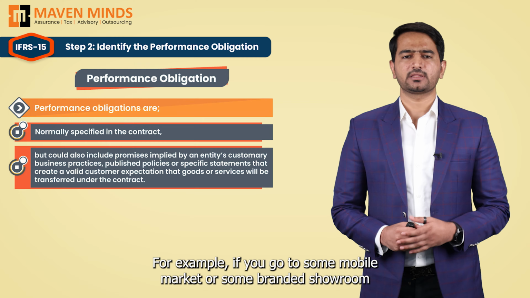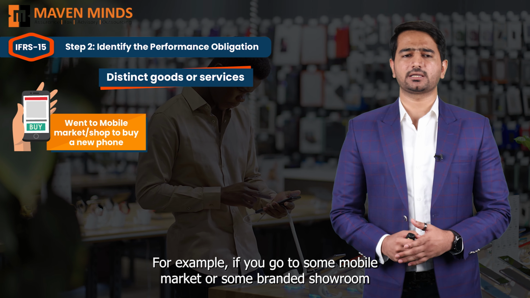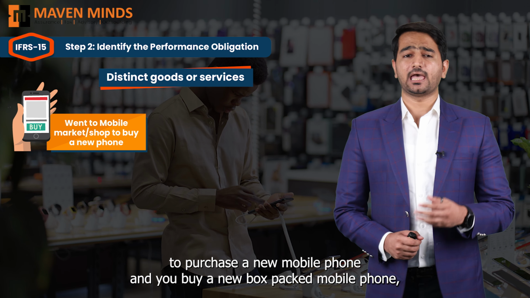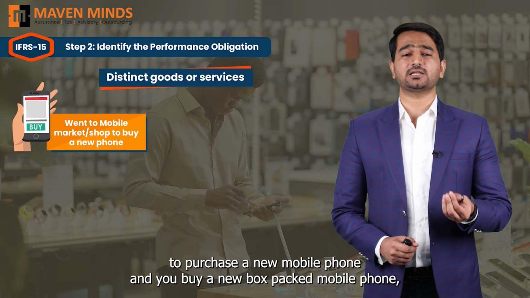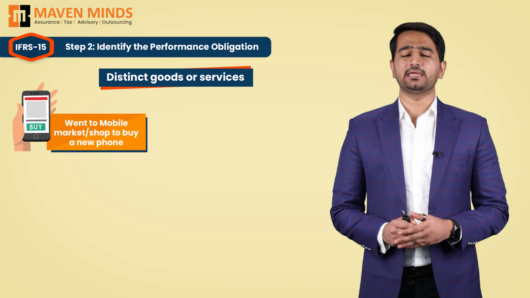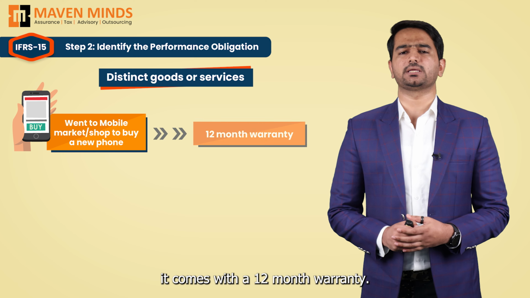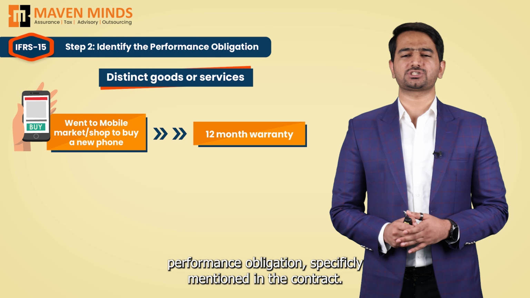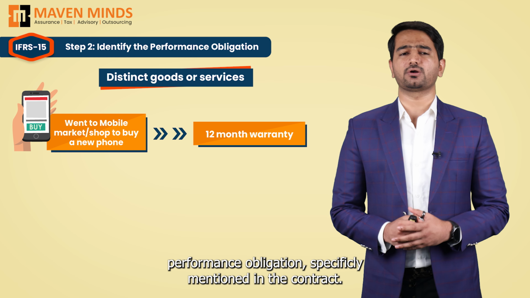For example, if you go to some mobile market or some branded showroom to purchase a new mobile phone and you buy a new box packed mobile phone, generally when you buy a new mobile phone, it comes with a 12-month warranty. It means that these are two different performance obligations specifically mentioned in the contract.